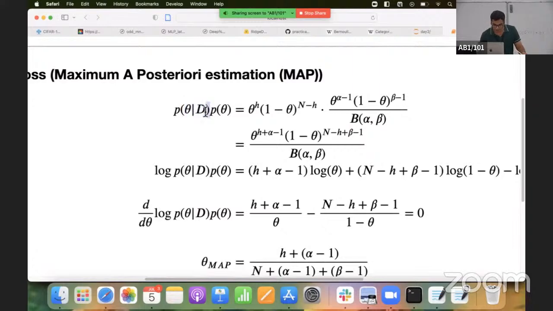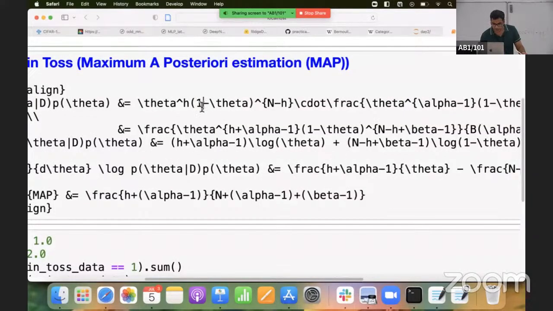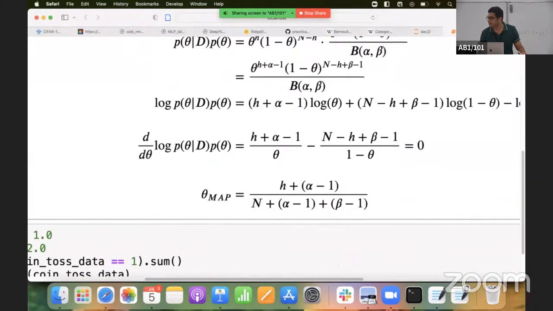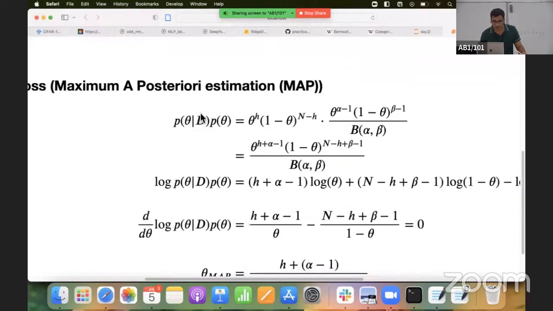Sorry, it's incorrectly written. I will correct this later. D given theta is the likelihood. P of theta is the prior. When you multiply them, you get something proportional to the posterior because you don't consider the denominator. It's independent of the theta parameter, right?